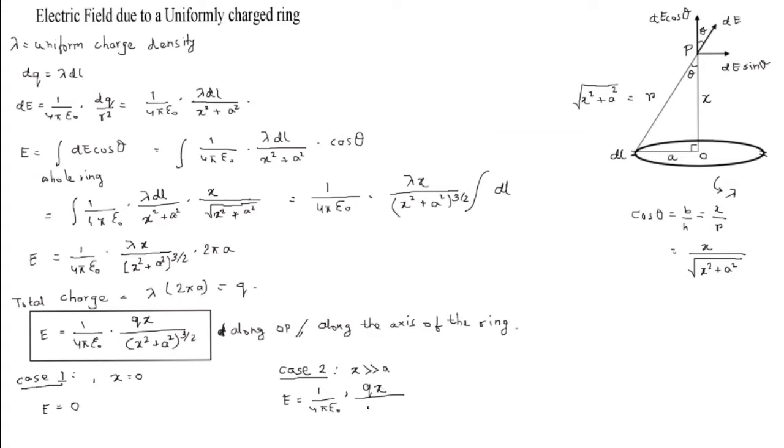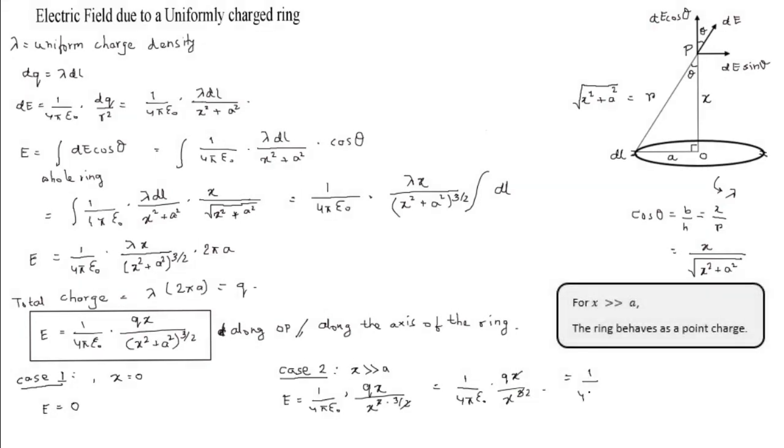Hence x square plus a square is approximately x square, raised to the power 3 by 2. We are left with 1 by 4 pi epsilon naught qx by x cube. So one x cancels out, and the final answer becomes 1 by 4 pi epsilon naught q by x square, right? Again the direction is along OP.